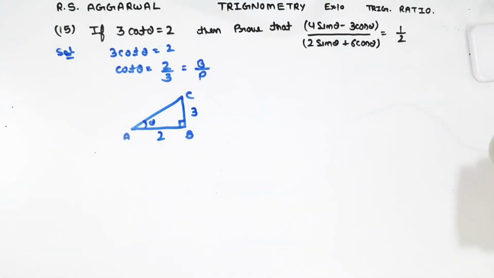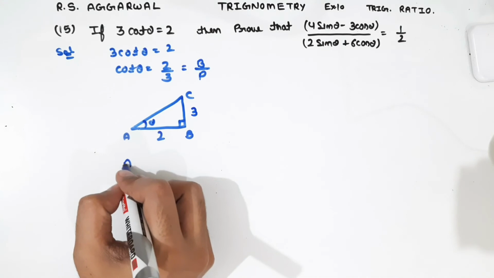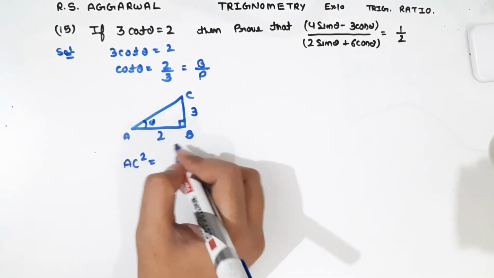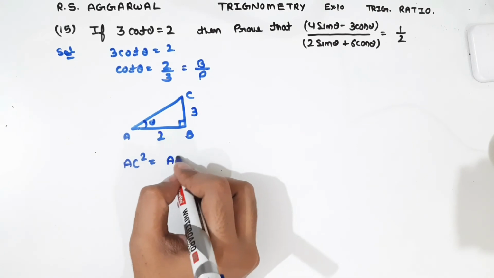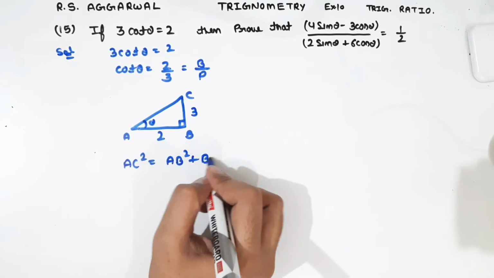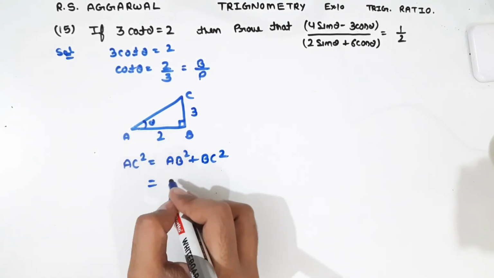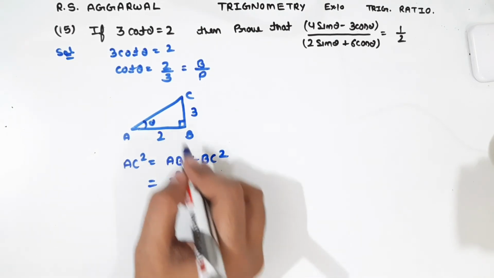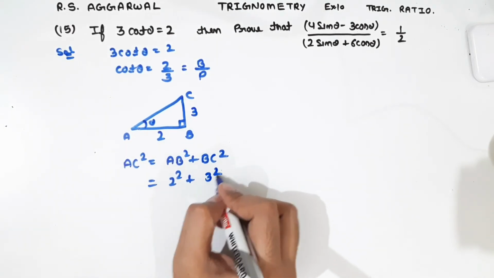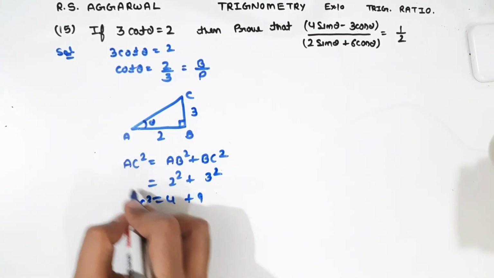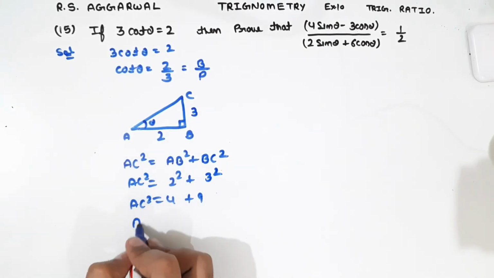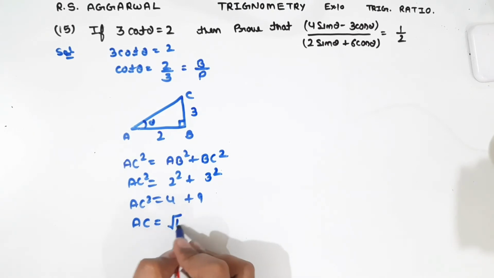So our hypotenuse AC will be, AC square will be AB square plus BC square. So our AB is 2, so 2 square plus BC is 3, 3 square. So 4 plus 9 equals to AC square. So from here AC will be under root 13.